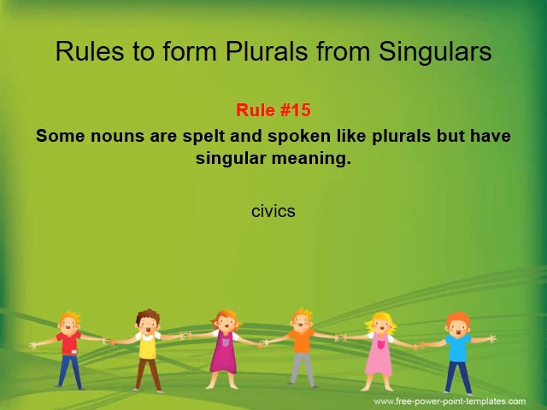It is the name of one subject. Okay? Physics. Again, this noun is spelled like plural, but it has a singular meaning, and it is the name of one subject.